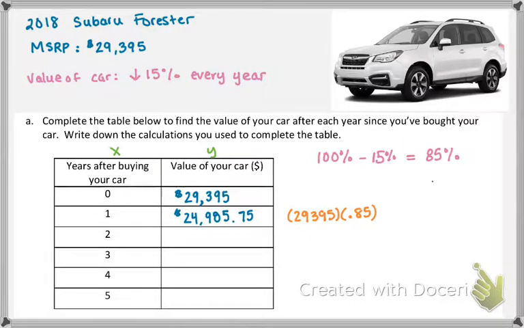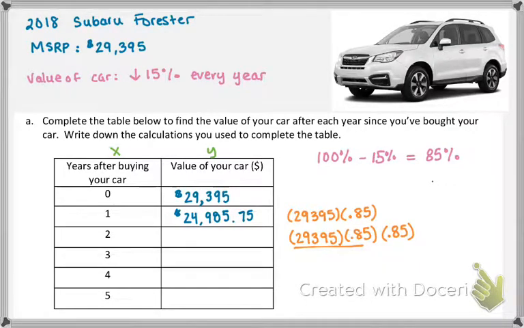Okay? And now be careful here, because the next year you're going to lose another 15% of the current value. So the current value of about $24,000 I got by multiplying the initial value by 0.85. I'm going to take that amount, $24,985.75, and I'm going to multiply by another 0.85 because I'm only keeping 85% of that value.